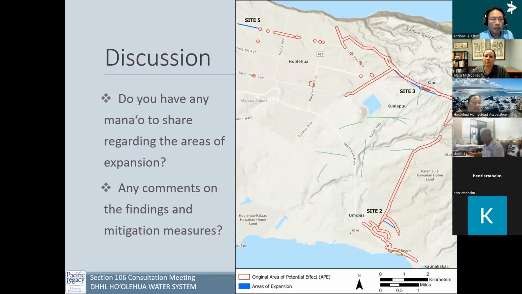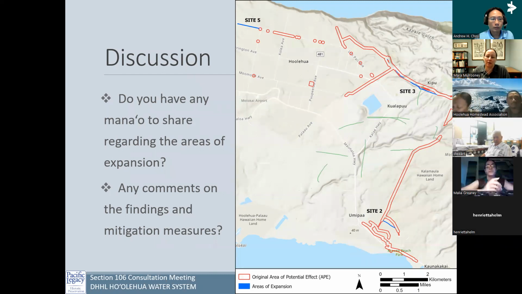Question from Malia. Mara, do you know of any past effort to have Naiva recognized as a registered historic site? So there are sites in Naiva that have been assigned state inventory of historic places site numbers. These were surveyed back in 1970 and reported on in 1971.